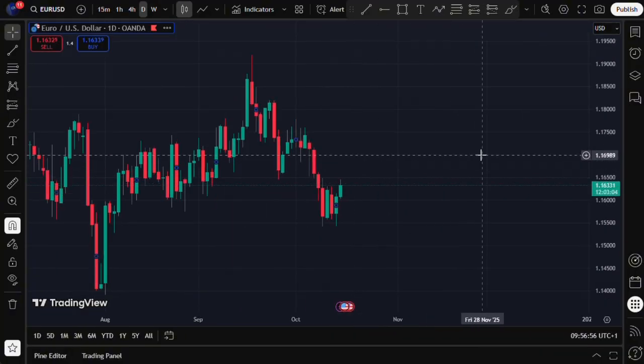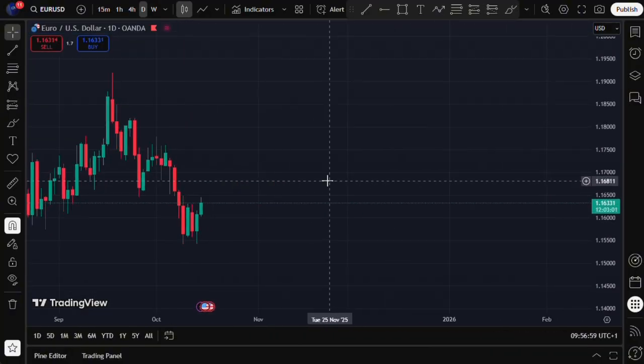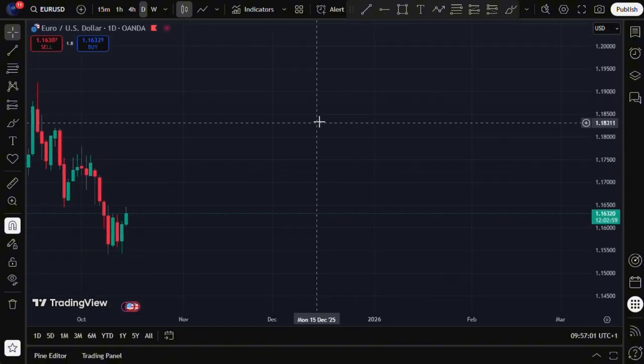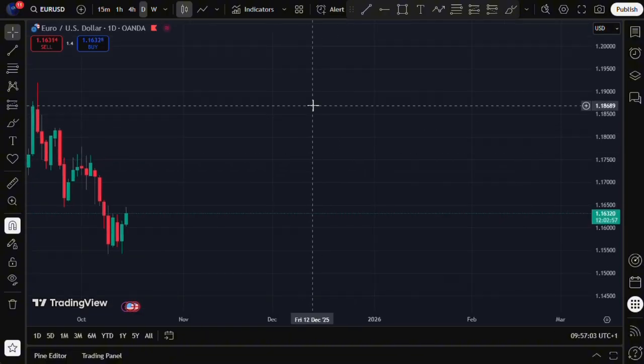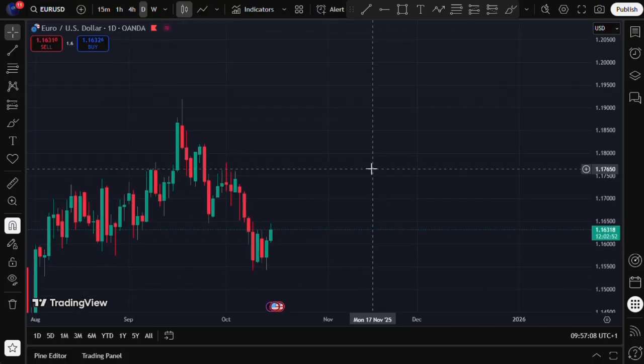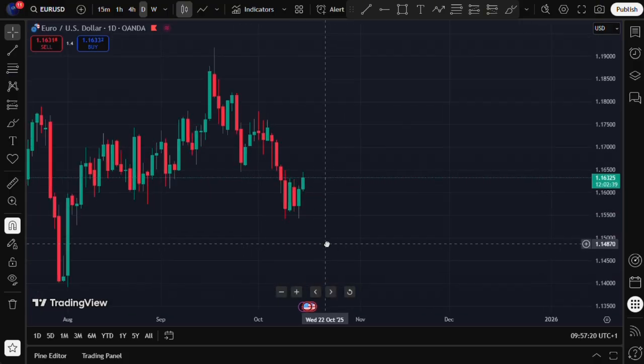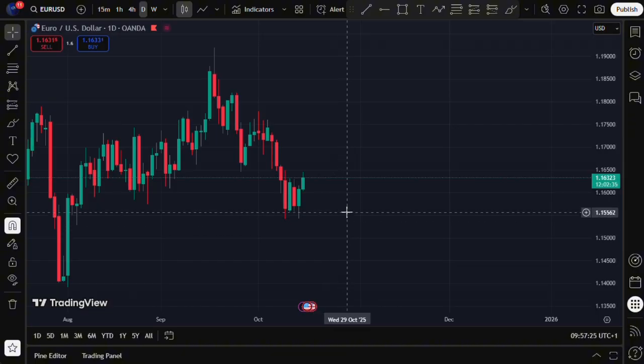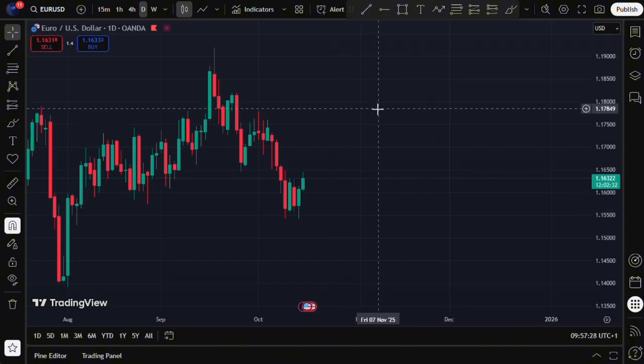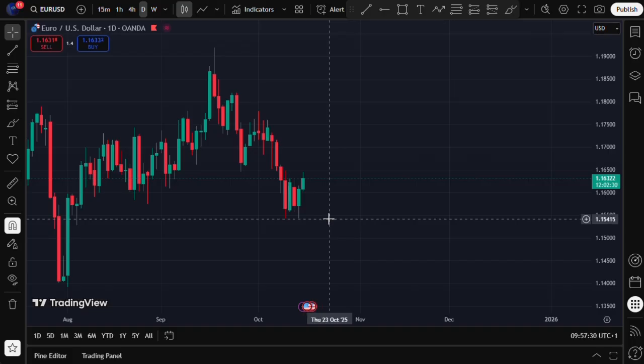So basically, for us to understand inducement, we need to understand what liquidity is. Liquidity is where we have resting orders that have not been executed in the market, or where there are a lot of orders yet to be executed. There are two major places where we can find liquidity: one is above old highs, and the second is below old lows.